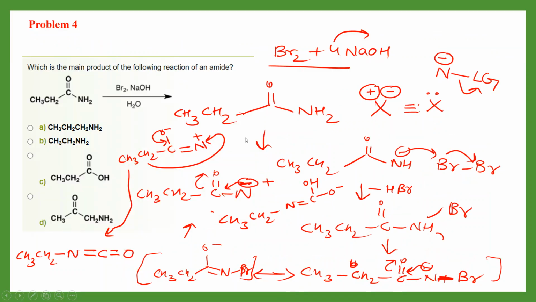So, students, just looking at Hofmann bromamide degradation, what option will you choose at first instance? Option B. And how is it going to form? Now you know that you have 4 moles of base. Again, it will abstract a proton from here and it will leave as CO2, correct?